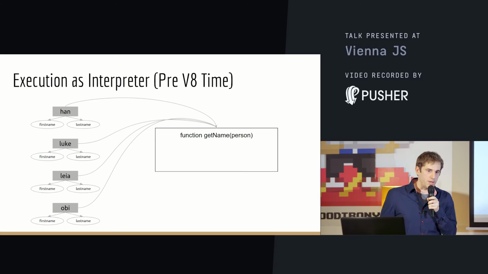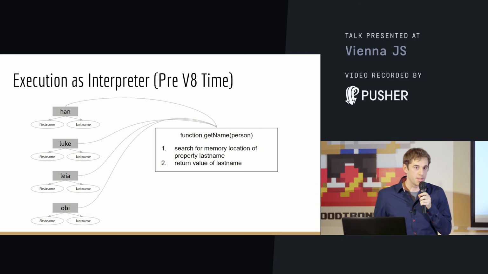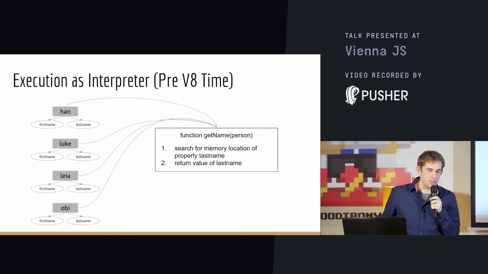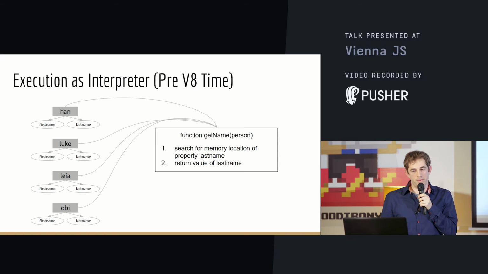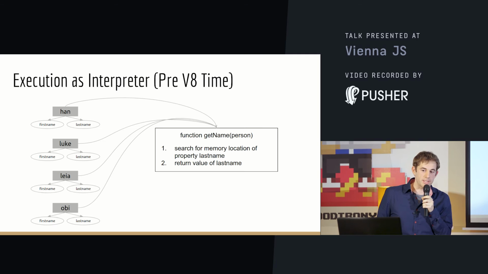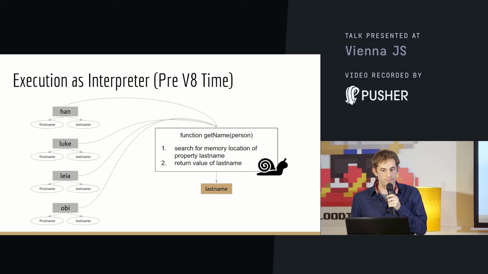Since JavaScript is not statically typed, you can pass any kind of object you want, and the interpreter has the hard task of searching for this property. And if we think that in JavaScript we have the prototype chain, and the property can be somewhere in it, we also have getter methods, proxies and other things. So this property lookup is really quite an expensive task. No wonder that the execution is very slow.